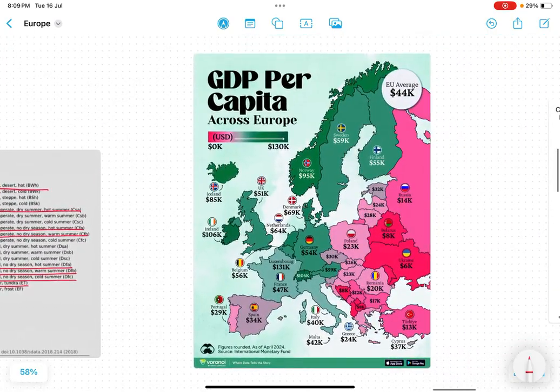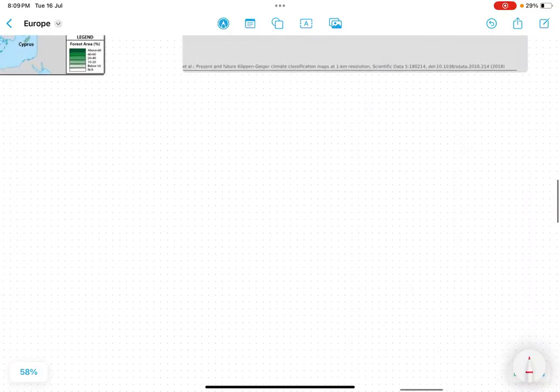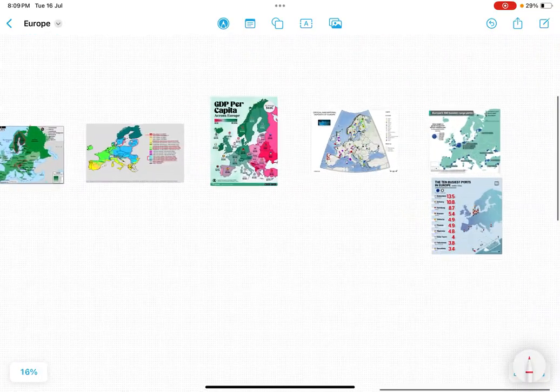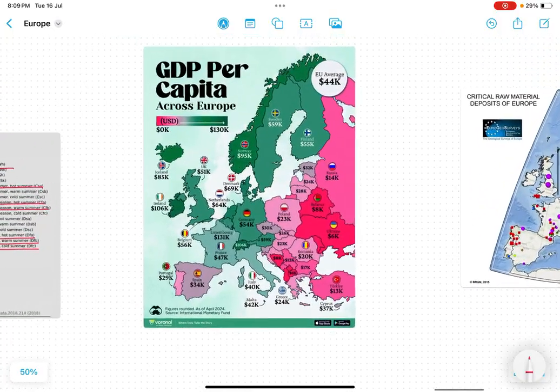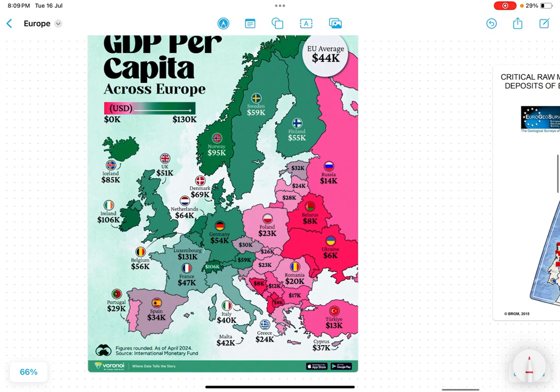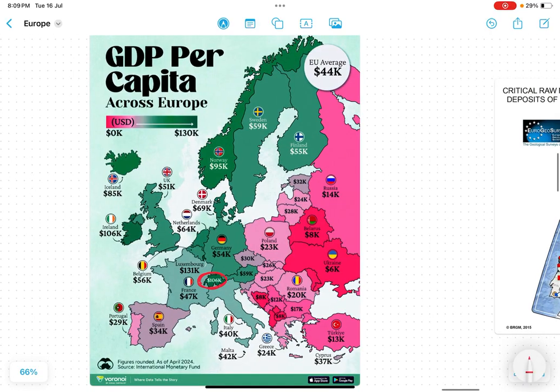Then the last map for today, I hope. Yeah, no, I'm sorry, this is not the last map. So the GDP per capita: the highest GDP per capita in entire Europe is of which country? It is Switzerland. Right here Switzerland sits. Then we have Norway.